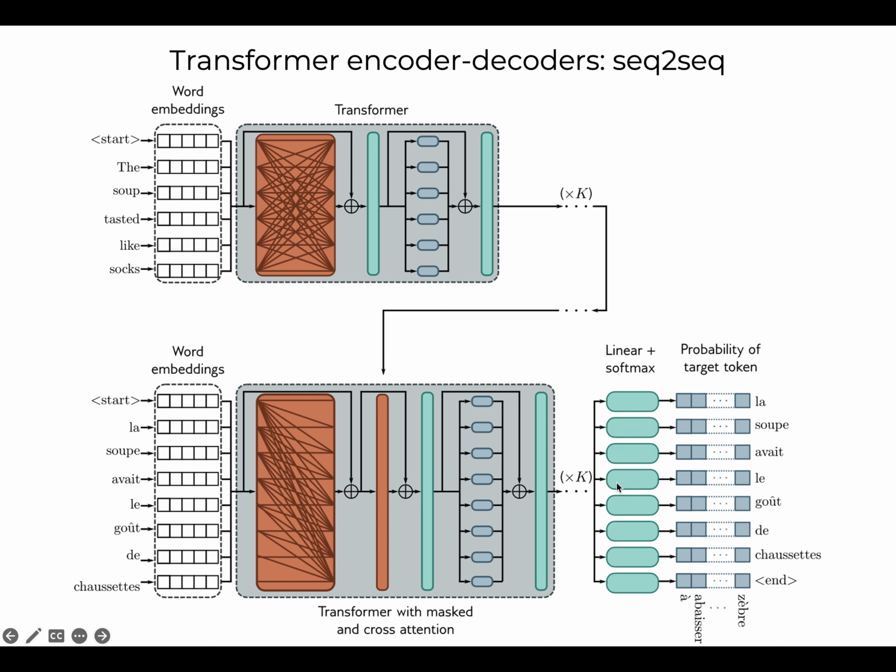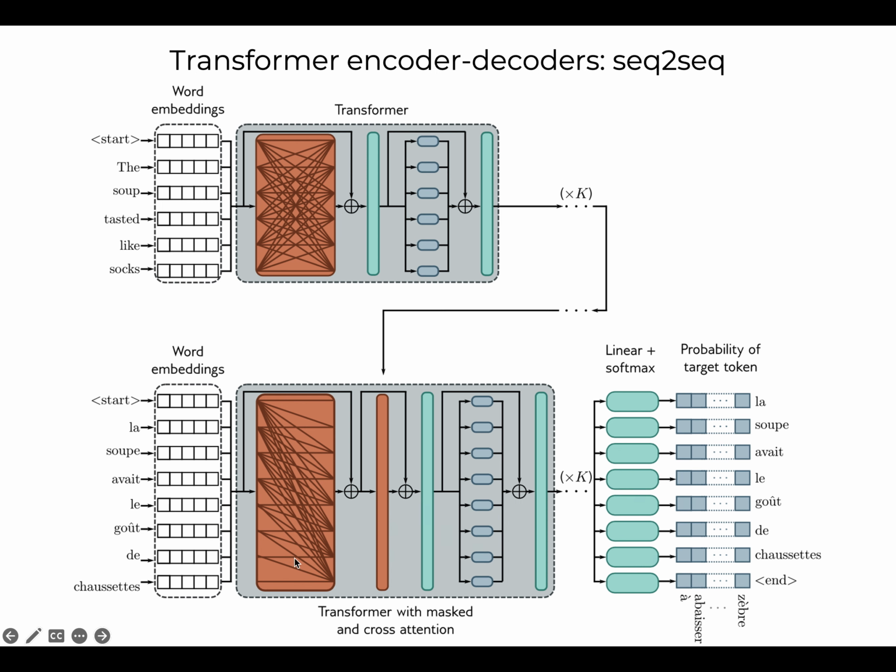So again, at the end, we're going to have this linear and softmax layer to map to a probability distribution over the tokens. This time it's over the French words, if we're translating English to French. And they're shifted by 1 again. So the start token has to get transformed into the first word of the French, and so on until we predict a token past the end of the input.